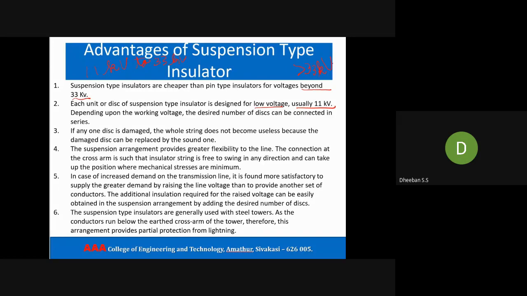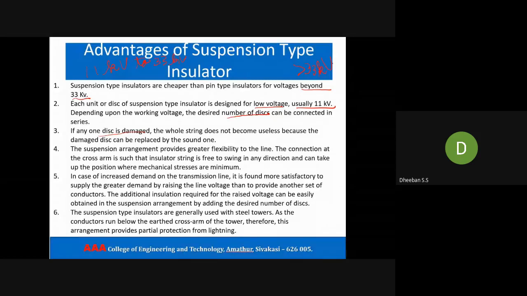Depending upon the working voltage, the designed number of discs can be connected. As I said in the previous slides, if any one of the discs is damaged, the whole string need not be replaced. You can just separately remove that disc.